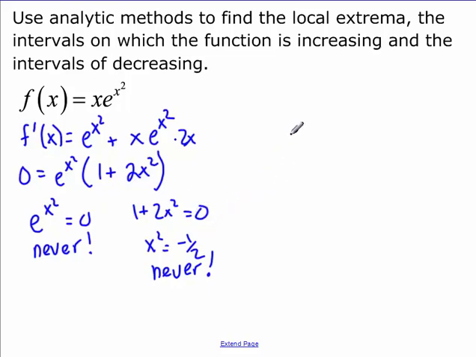So therefore, if I were to plug numbers into my derivative, e to some power is always going to be positive. 1 plus 2 times something squared, that's always going to be positive.